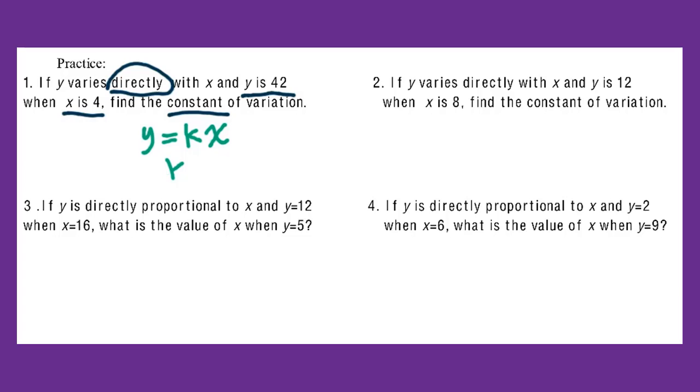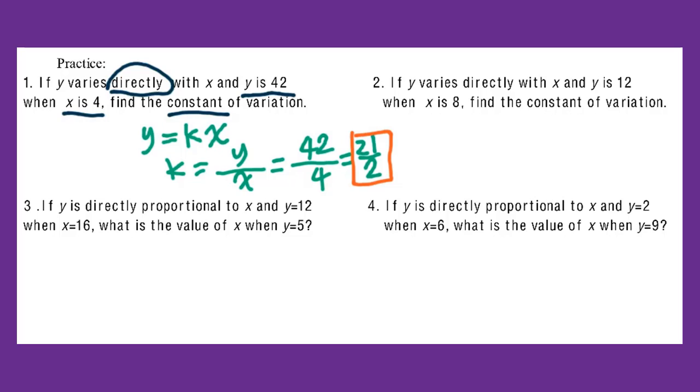So k is y over x, which equals 42 over 4, which means 21 over 2. This is the final answer.